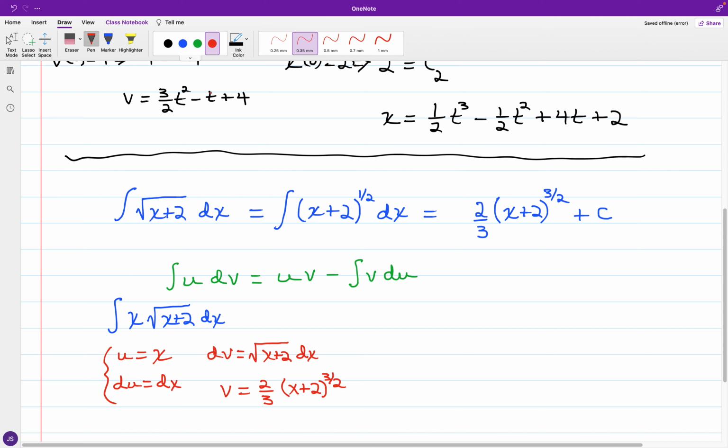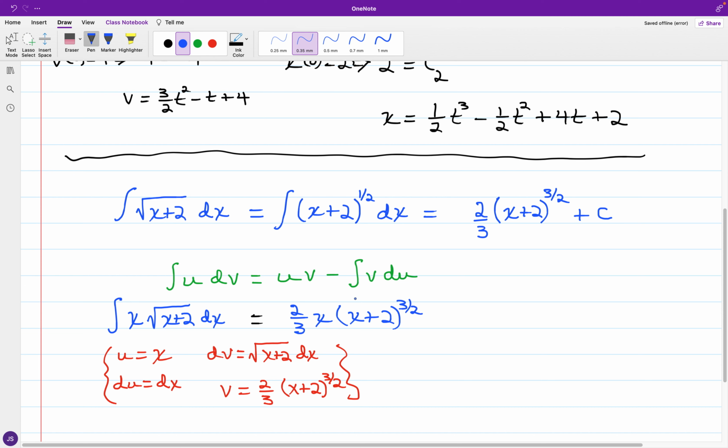For the setup, you have u times v. u is x, and v is 2/3 of the quantity x plus 2 raised to the 3 halves. Multiplying the expressions together, you have 2/3 of x times x plus 2 raised to the 3 halves.